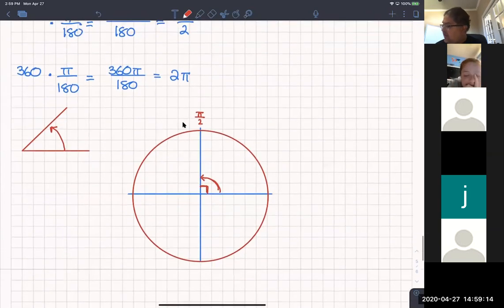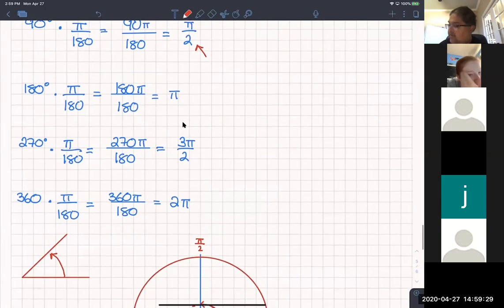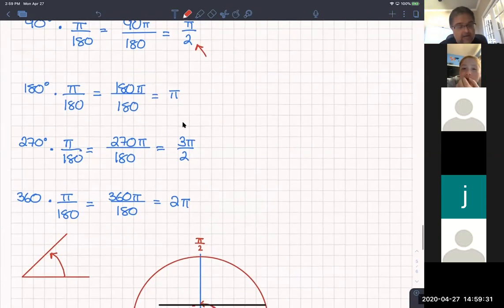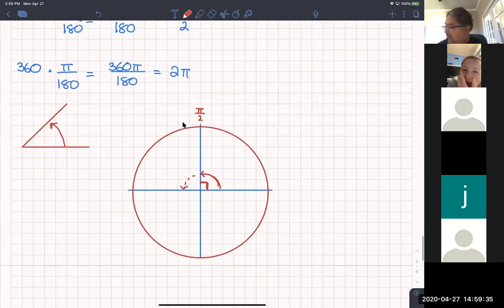Now, if I go all the way to the other side, how many degrees is that? 180. How many radians is 180 degrees? It's pi. Okay, so pi.